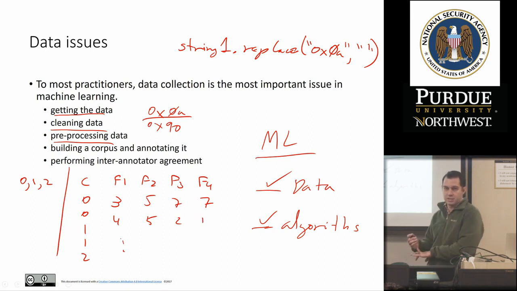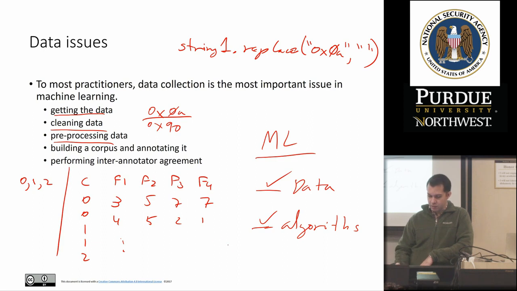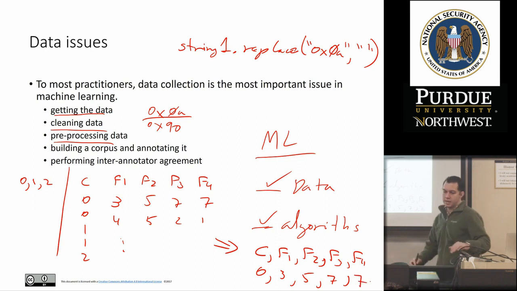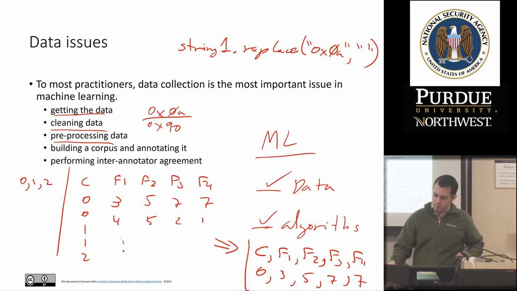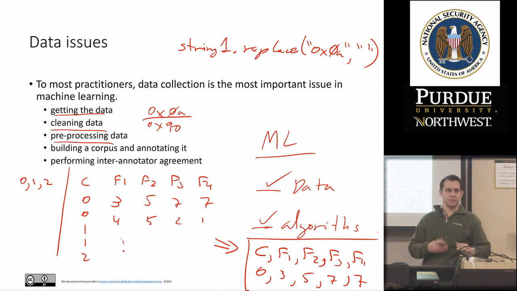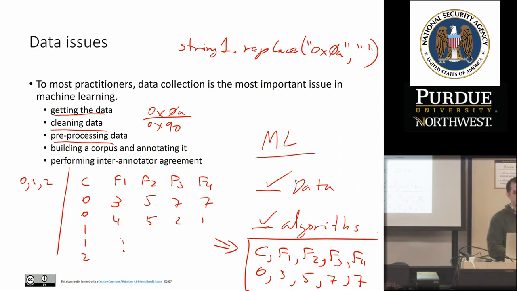So pre-processing means that this needs to be formatted in a specific way. So this probably translates into a comma-separated file. And the next row is 0, 3, 5, 7, 7, and so on, right? So that's what we mean by pre-processing the data. So putting it in some kind of nice format.